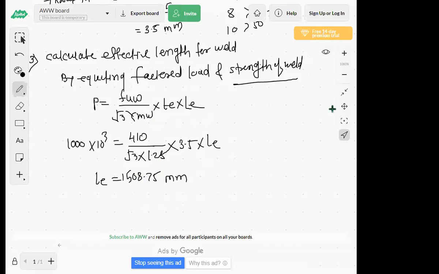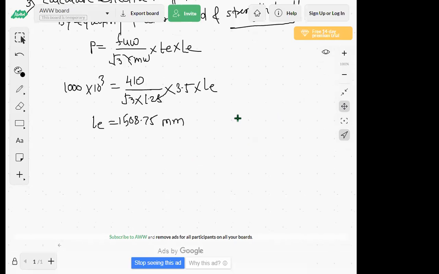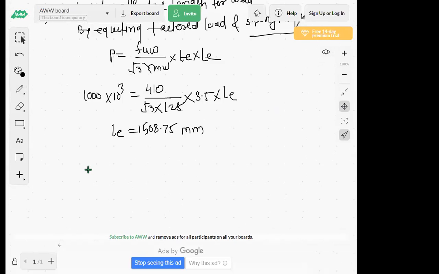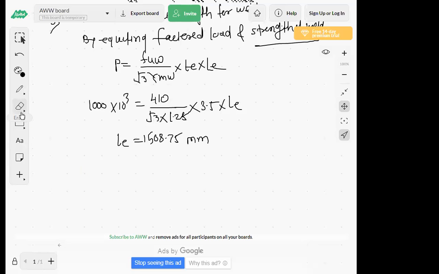And now we have to calculate the available effective length. So how to calculate available effective length? Number 4, we have to calculate available effective length for weld.